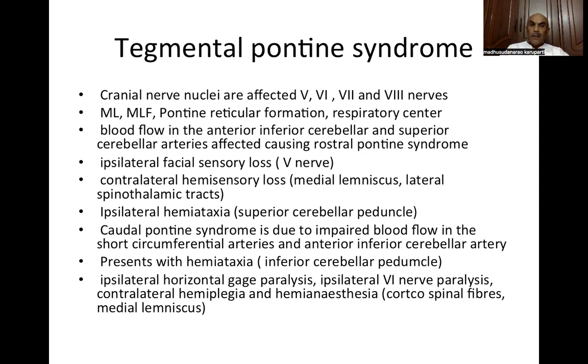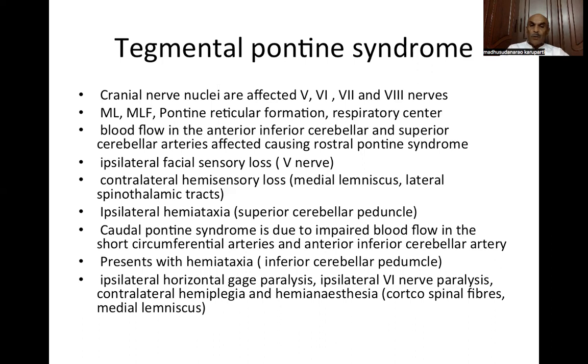It is characterized by ipsilateral sensory loss, due to the involvement of the fifth nerve sensory nucleus, and contralateral hemisensory loss because of involvement of the medial lemniscus and lateral spinothalamic tracts. Ipsilateral hemiataxia is because of involvement of the superior cerebellar peduncle.